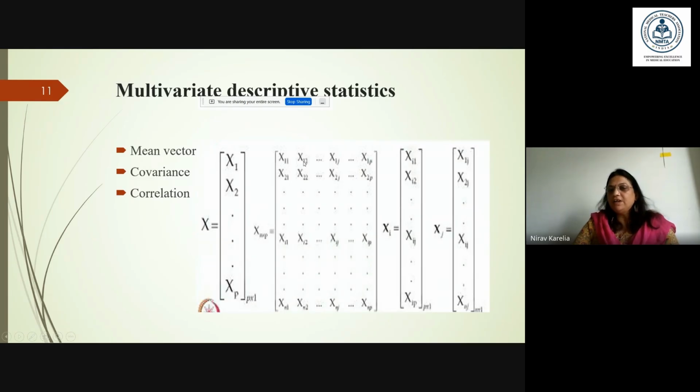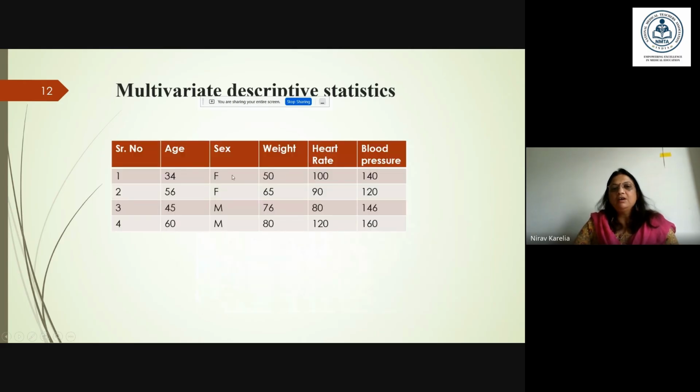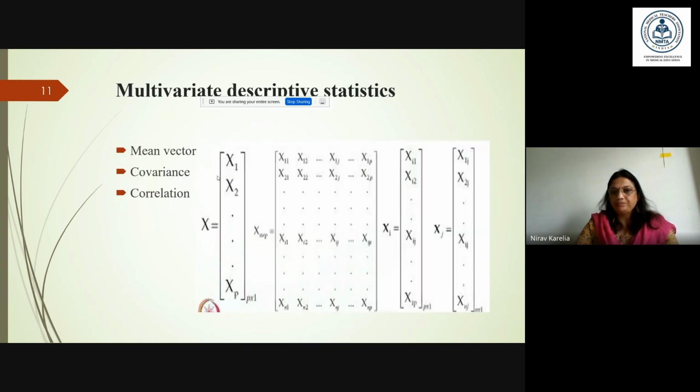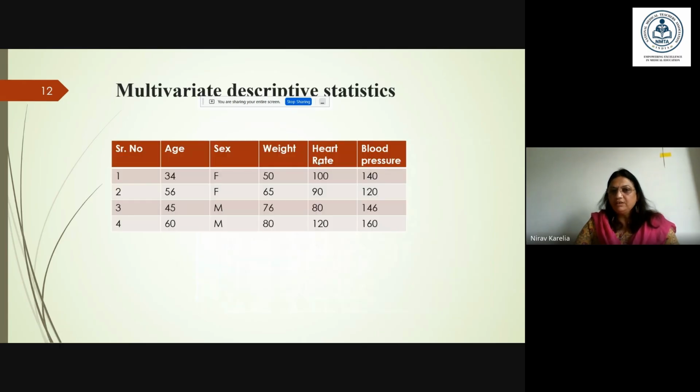The first one is the first observation, but which variable? The second. So it may be the sex of the first observation, female. Then X13 may be 50, again the first observation.